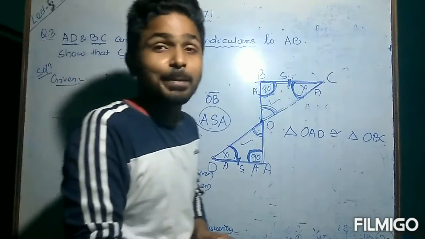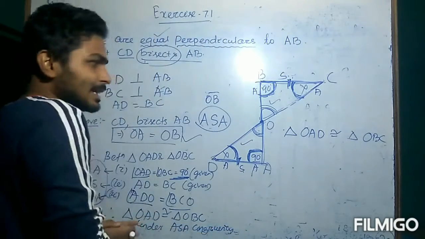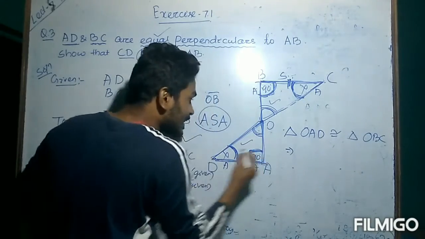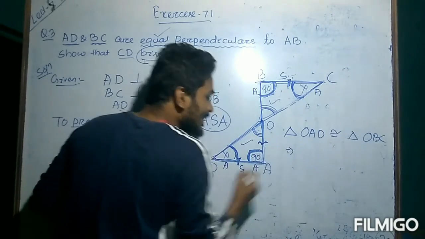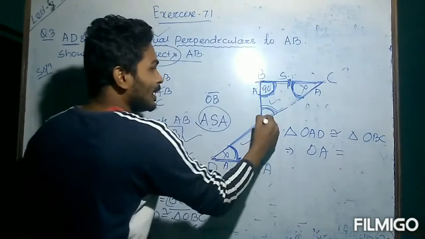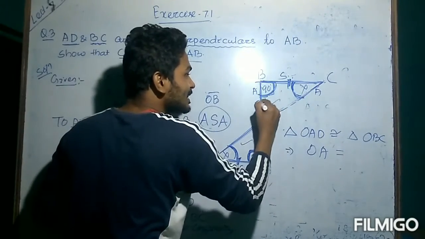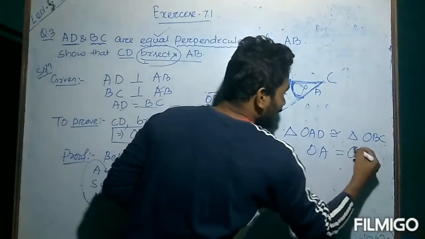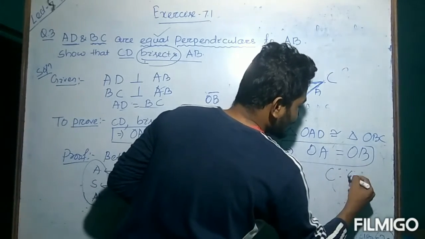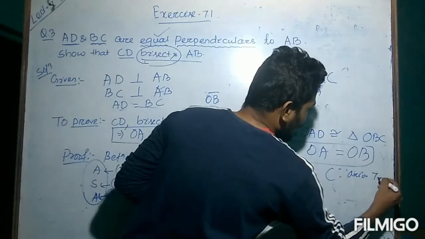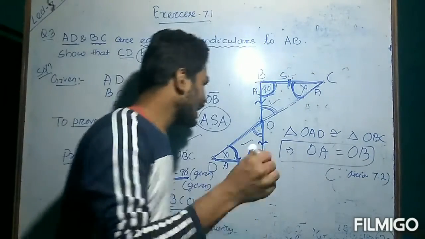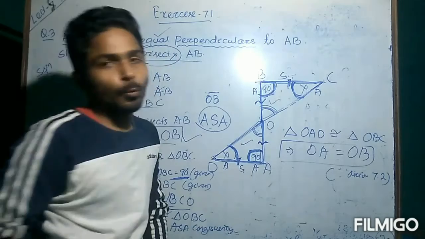Yes, by CPCT we can write that in this triangle, side OA is equal to side OB in the other triangle, by axiom 7.2. So we have proved that OA is equal to OB.